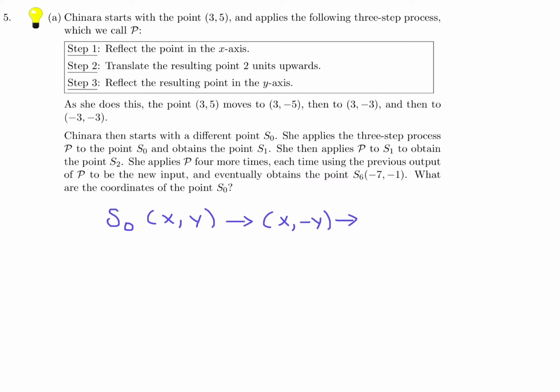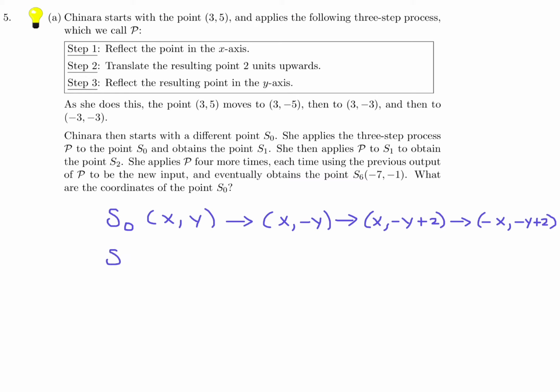And then when you go up 2 units, you're just adding 2 to the y-coordinate, so it's -y plus 2. Then step 3, reflecting in the y-axis, the y-coordinate stays the same, but the x-coordinate becomes negative. It's a mirror reflection. So this is what happens the first time you go through this process.